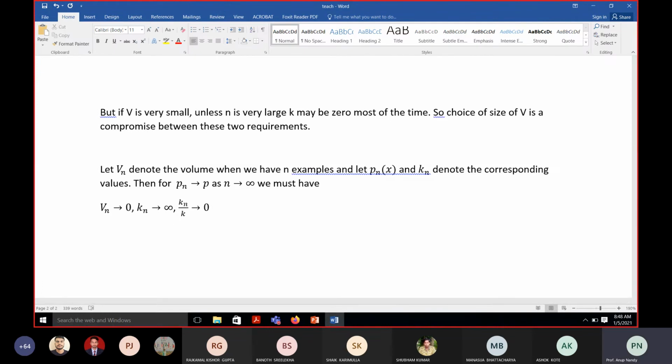Now we need V_n tending to 0 to get this correct estimate.